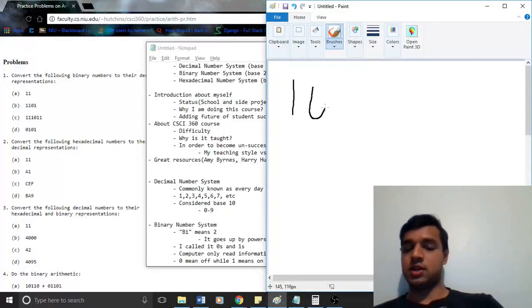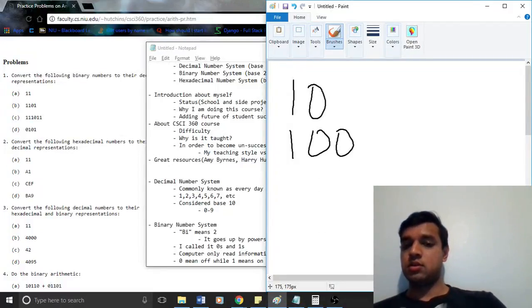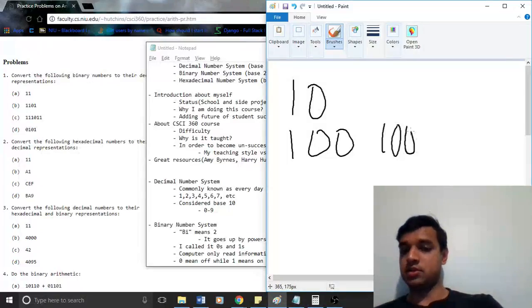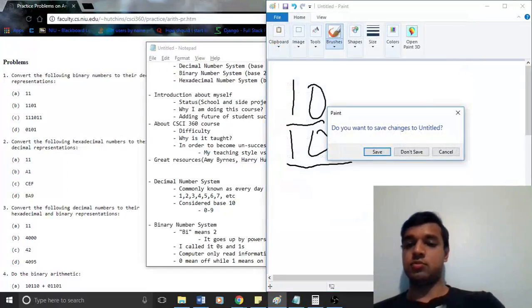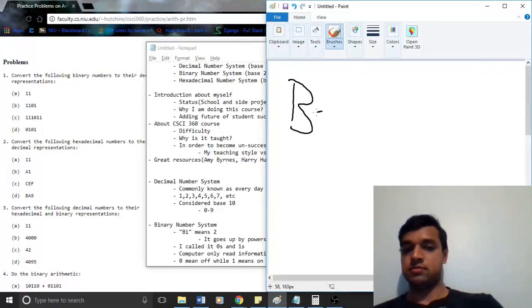So imagine 10, right, as a decimal representation. Imagine 100. You're thinking, those are two different numbers. 100 is bigger than 10. This is done through base 10 decimals. Similarly, the other one is done through base 2.